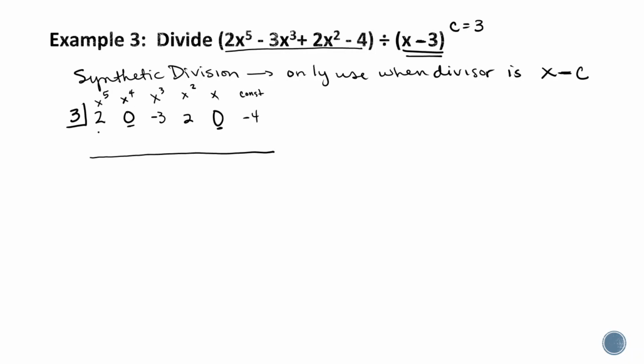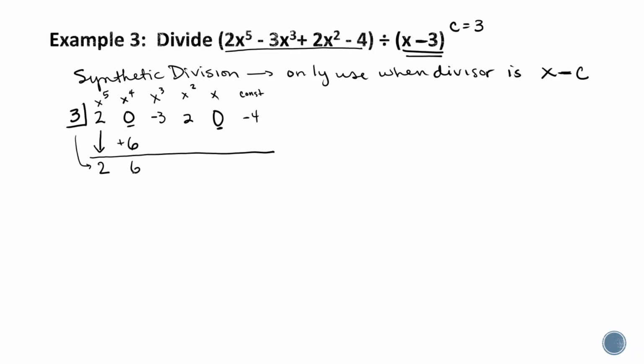Then we're going to go through this multiplication and subtraction process. Now, interestingly, because I put c here and it is the opposite, see this was a -3, then all the subtraction has been taken care of, the changing of signs has been taken care of, and now I'll just be able to add down. So we're going to bring down the 2, and then we multiply, and I write my result right here.